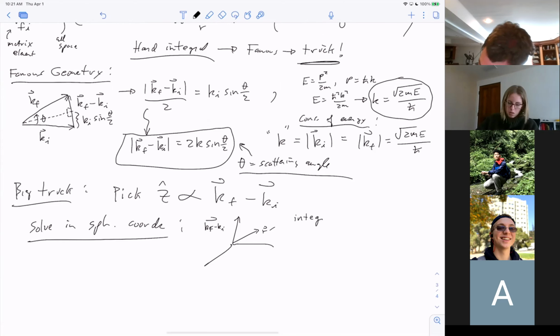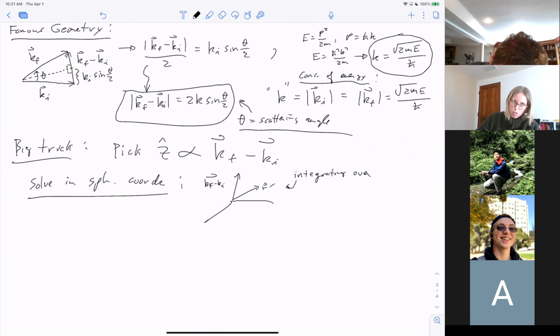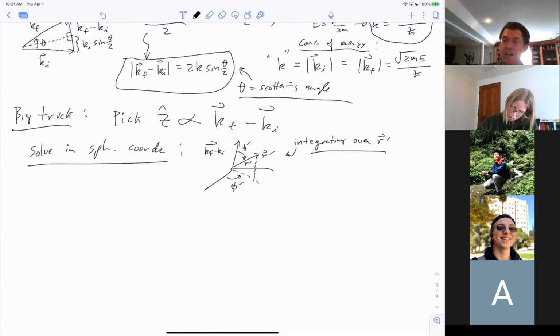I forget the words that you use in math, but it's the variable you're integrating over. We're integrating over r prime. And so then I have this angle, which is theta prime, not the scattering angle, it's the integrating angle. And then I'm also going to have this angle, phi prime. Okay, and then this length is r prime. So I'm integrating over this variable r prime, and my z-axis is in the direction of kf minus ki.